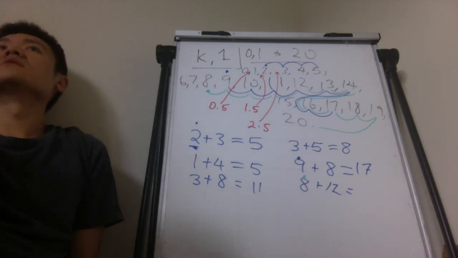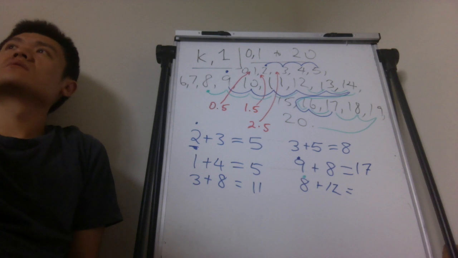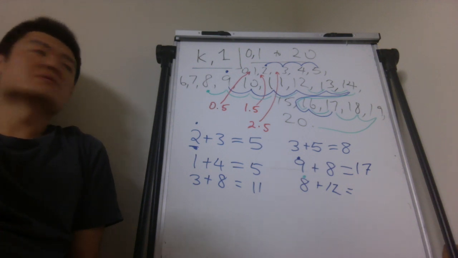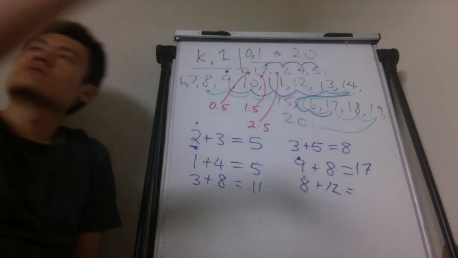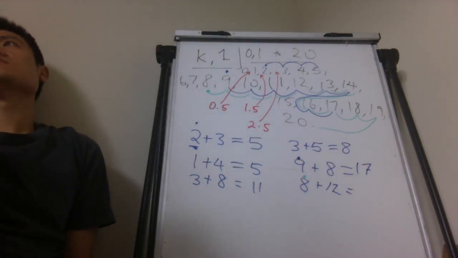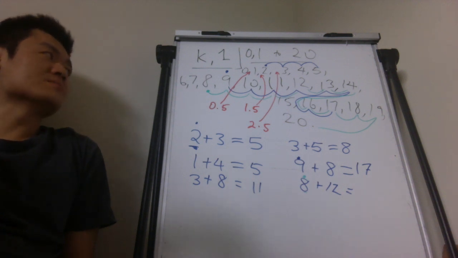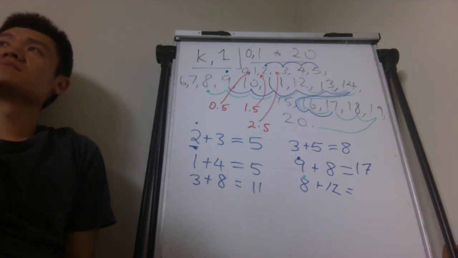Because that's what happens when you count from 8 to 12 times. So what's the answer then? Don't say anything. What's the answer? What's 8 plus 12? 20. You understand why it's 20? Yes, because it's plus. Yeah, I'm saying plus means count 12 times, right?